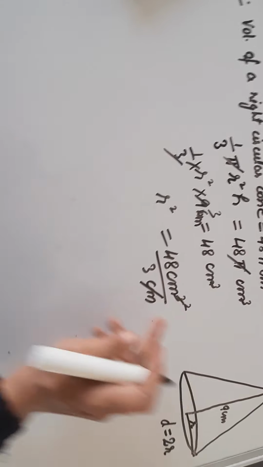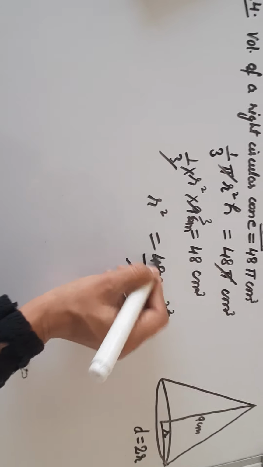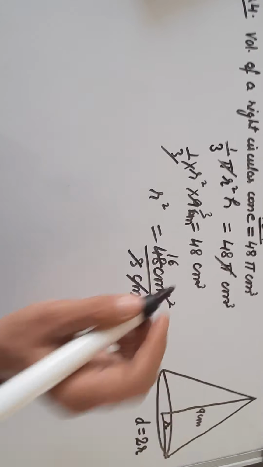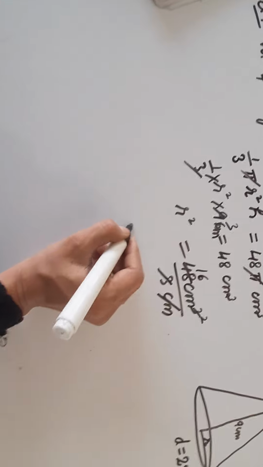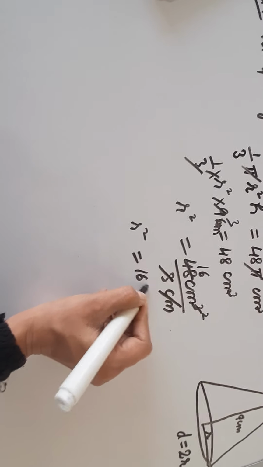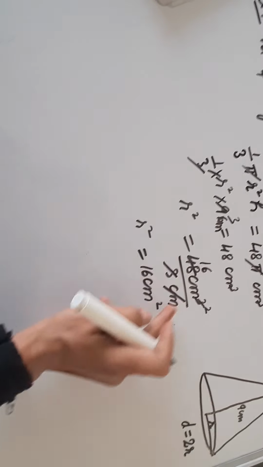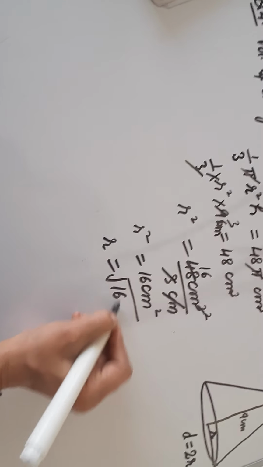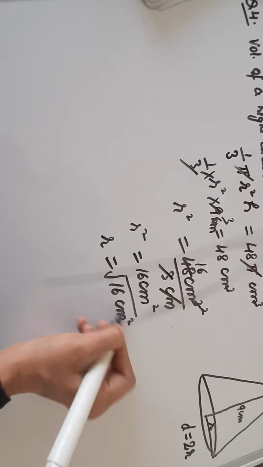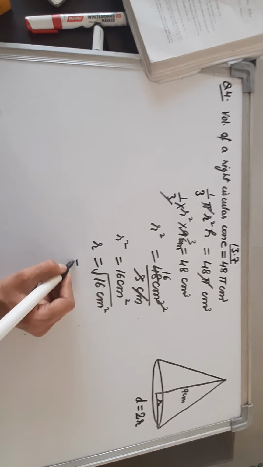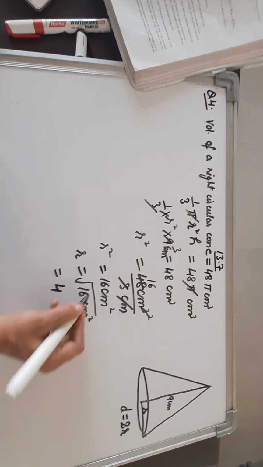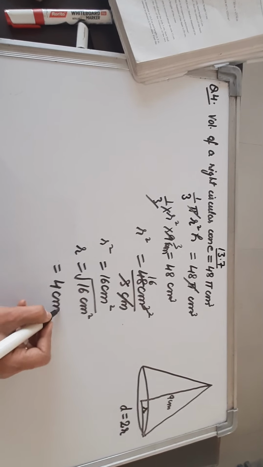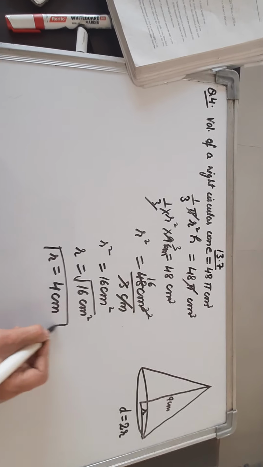This will get cancelled out, we'll get a square. So 16 3s are 48, centimeter square is the radius square. When it goes to the other side, it becomes square root of 16 centimeter square. The square will get cancelled out by the square root. 16 is the square of 4, and the square root cancels, we'll get 4 centimeter. So this will be the radius.